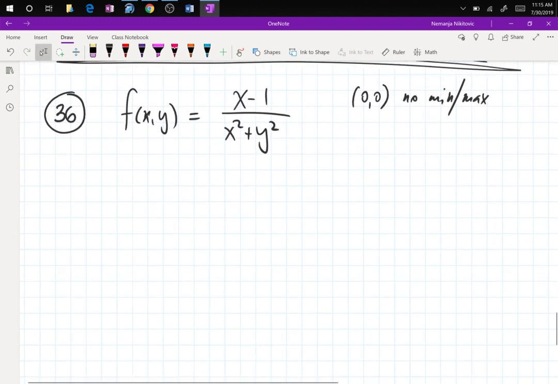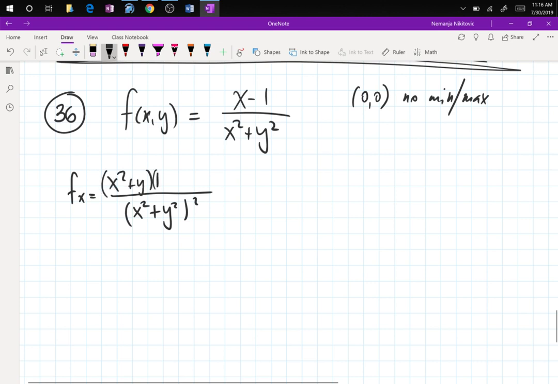Now we need derivatives. The first derivative is fx. That's going to be a quotient rule. x squared plus y squared, everything squared. x squared plus y squared times 1 minus x minus 1 times 2x.